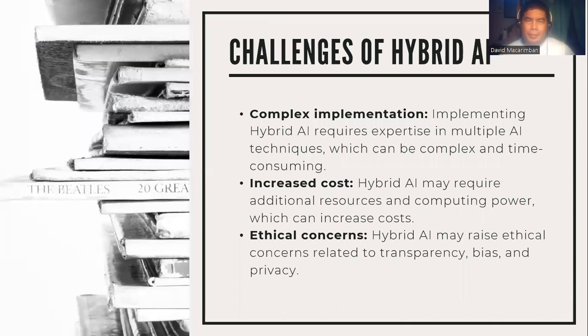The challenges of hybrid AI: we have the complex implementation, increased cost, and ethical concerns. Kaya nga, ano siya, no? Dahil nga high-tech, complex yung implementation. So yung sa design, no? Kailangan din ng mga experts.